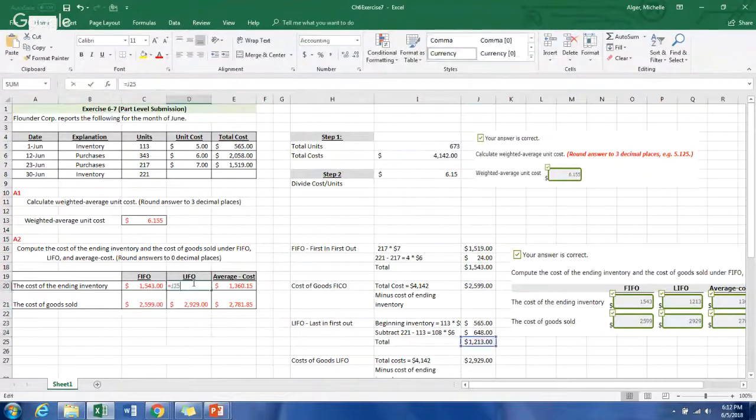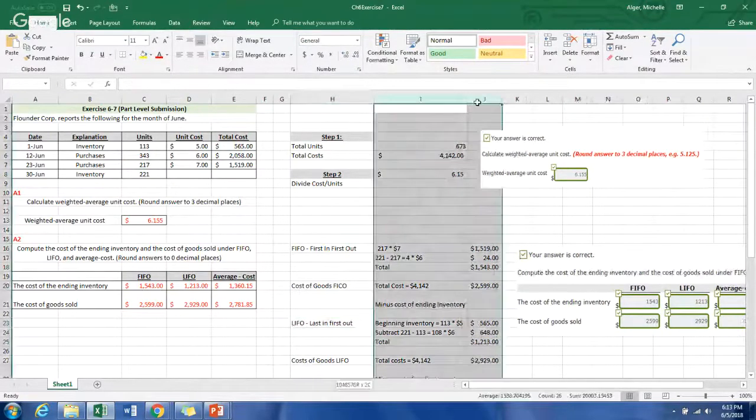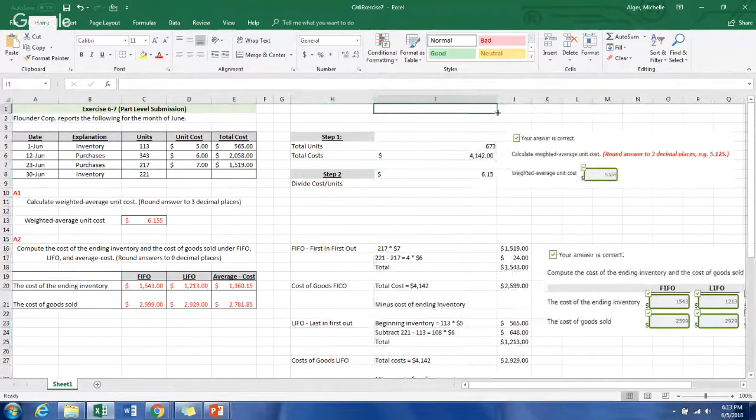For LIFO, you're doing last in, first out. So you're taking your 113 units that you have at the start, and you're timesing that by your $5. So you come up with $565. The second part you have to do is you have to take your 221 minus your 113 to get the next inventory level.